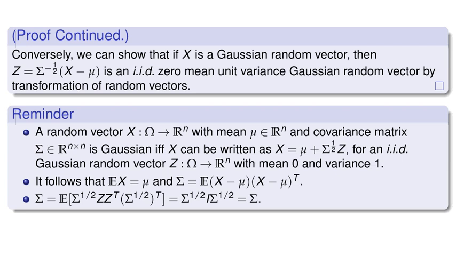Assuming symmetry and knowing the expectation of z z transpose is the identity matrix, this simplifies to sigma to the 1/2 times I times sigma to the 1/2, which equals sigma.